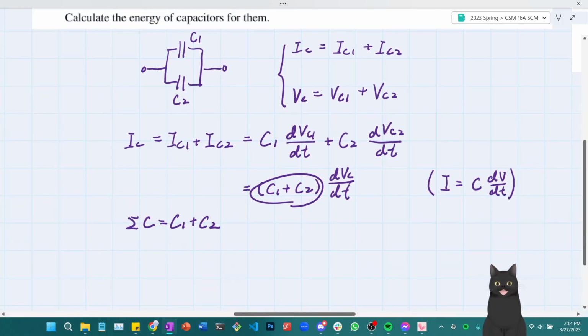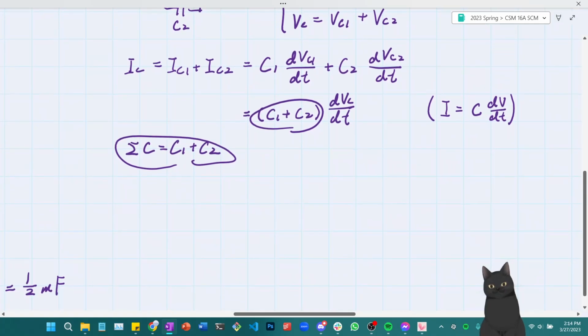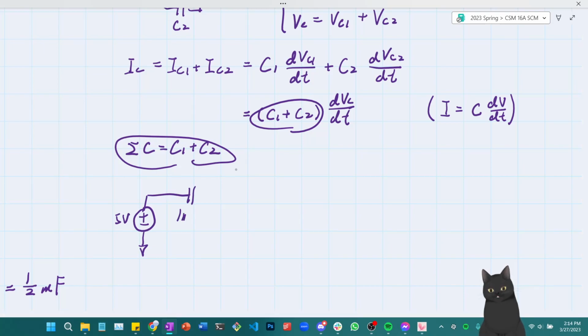Okay, so we know that the equivalent capacitance of parallel capacitors is C1 plus C2, which means that we can simplify our circuit above gradually. So at first we have a 1 mF in series with a parallel capacitor, each of 1 mF.